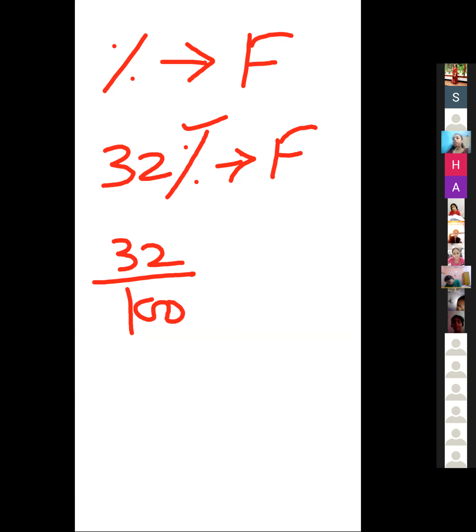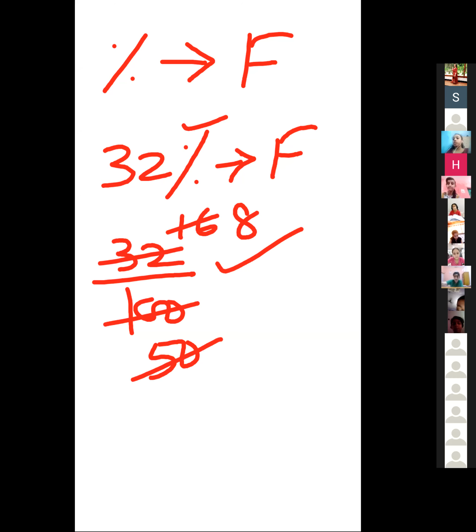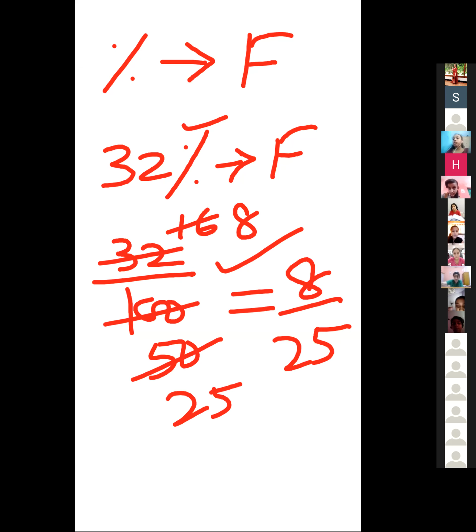Now this is a fraction. 32 upon 100 is a fraction. So if you want to cut it, you can cut it. Cut with 2. 2 16s are 32, 2 50s are 100. So what is your answer? 8 upon 25 is the answer. Okay, good.